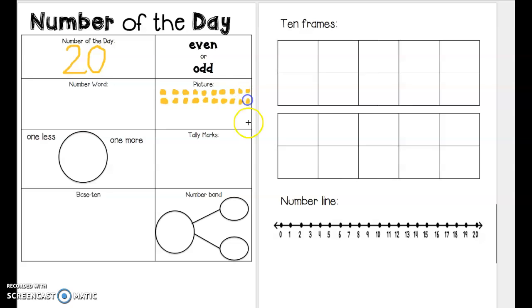So I could count by 2s, can I? 2, 4, 6, 8, 10, 12, 14, 16, 18, 20.